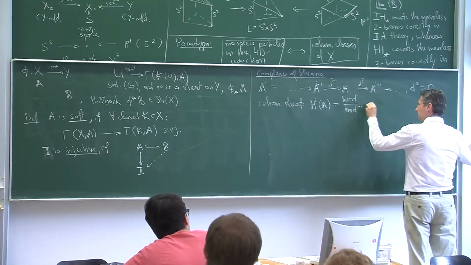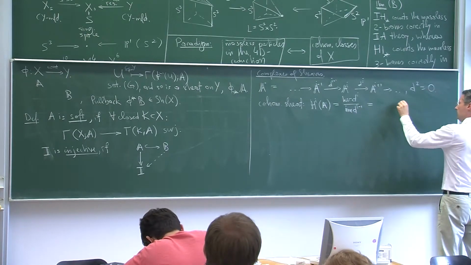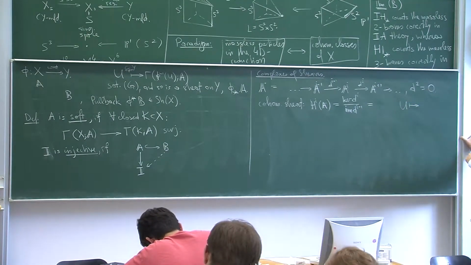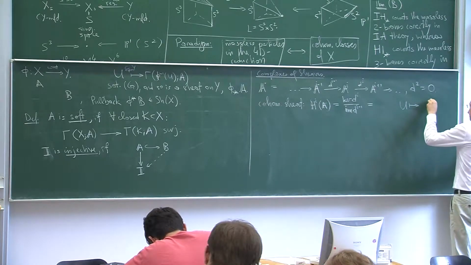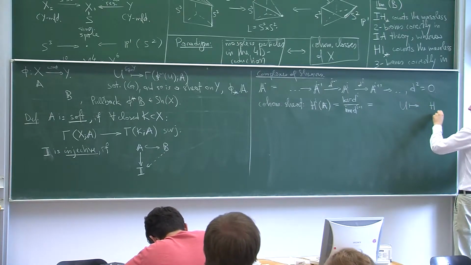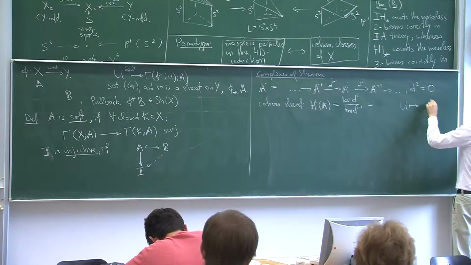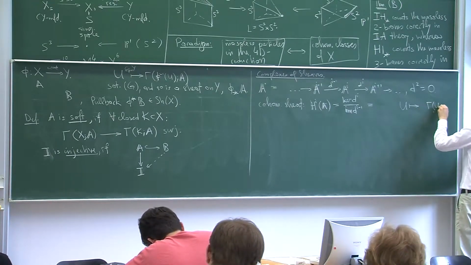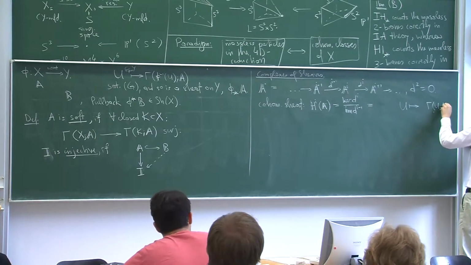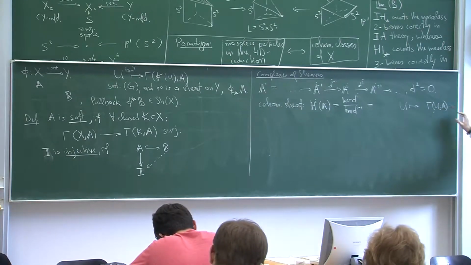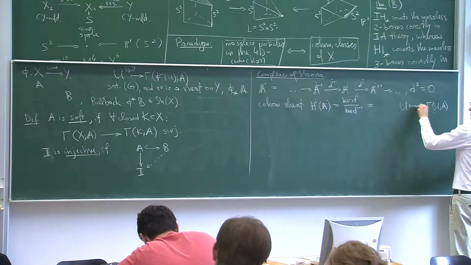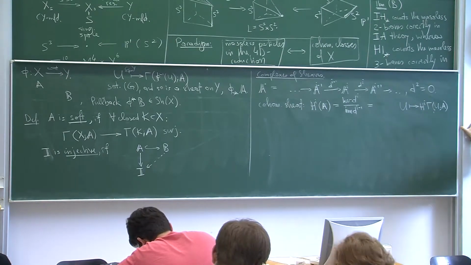But you can alternatively, if you have an open subset U, first form a pre-sheaf by assigning to U the sections over U of this complex. This is in its own right a complex, so it has a cohomology group that you can assign to it.